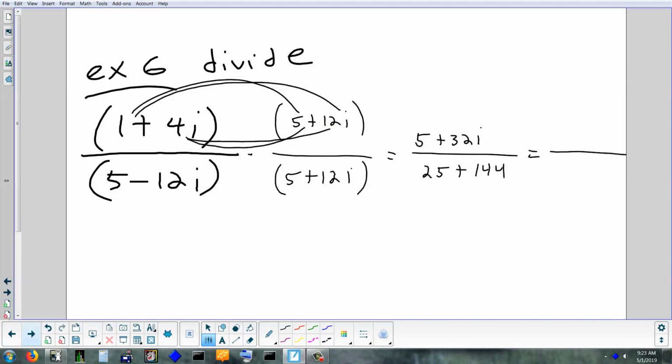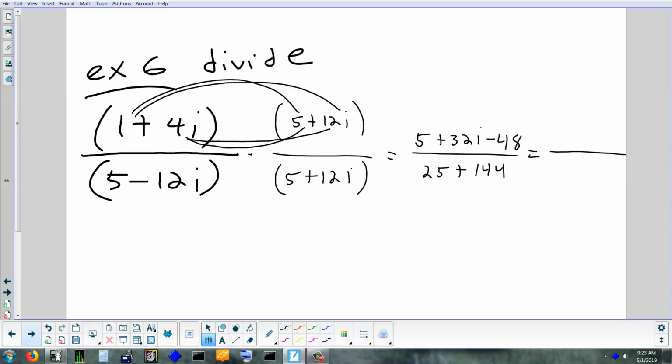And Jasmine, i times i? i squared. So it's 48i squared. What number is that really? 48 times i squared. Negative 48. So 48 times i squared means 48 times negative 1.